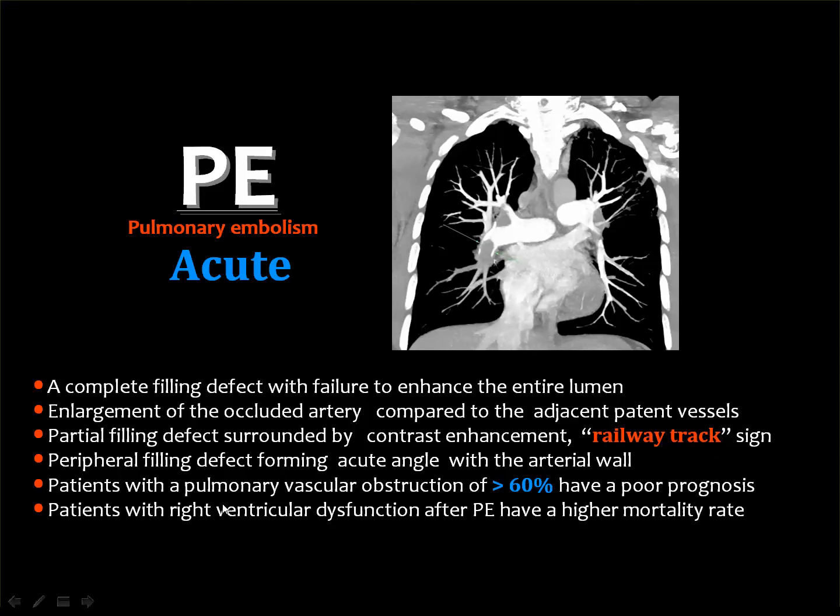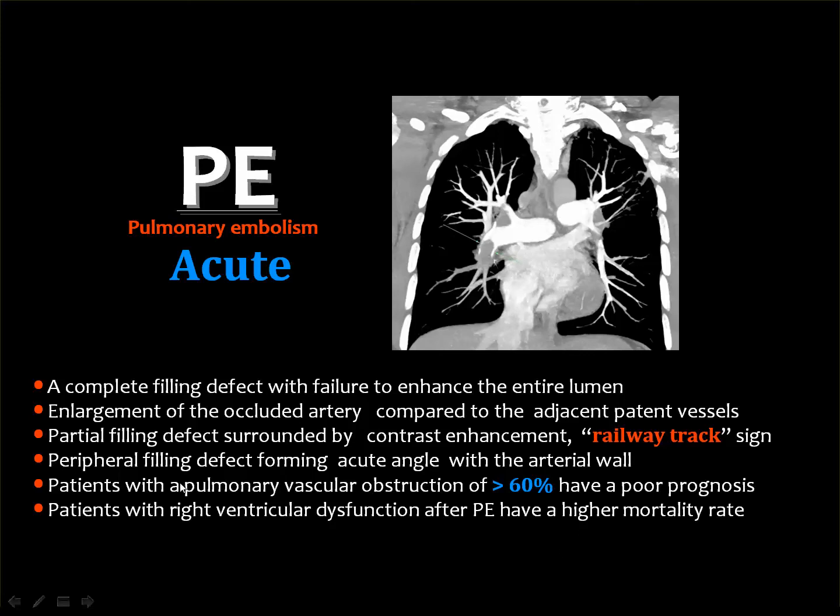And sometimes you get a peripheral filling defect with an acute angle to the arterial wall, and you may also get the donut sign or the polo mint sign. I will show it to you.